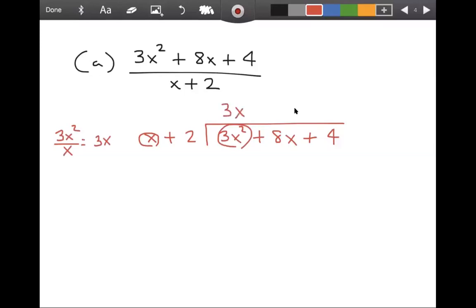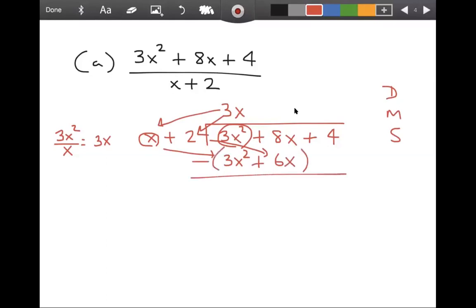Step 2 is multiply. Remember, it's divide, multiply, subtract. 3x times x is 3x squared. 3x times 2 is 6x. Okay. So now we're on to step 3, which is subtract. And when you're doing polynomial long division, you have to make sure you subtract the whole thing.